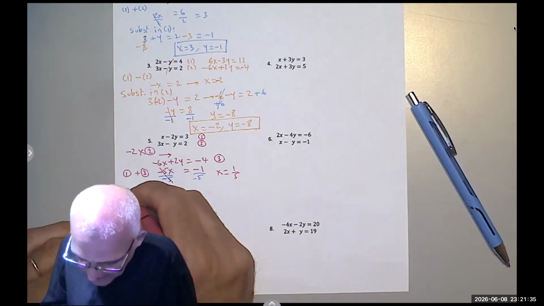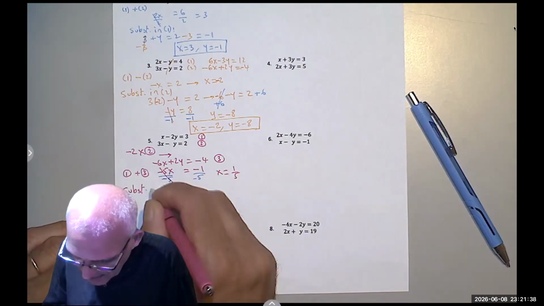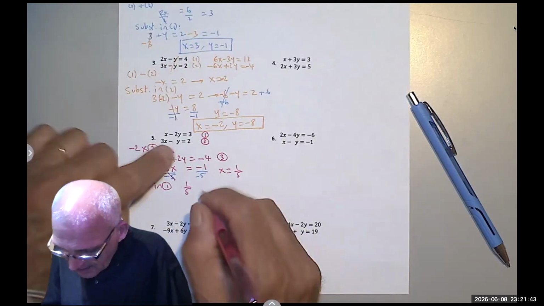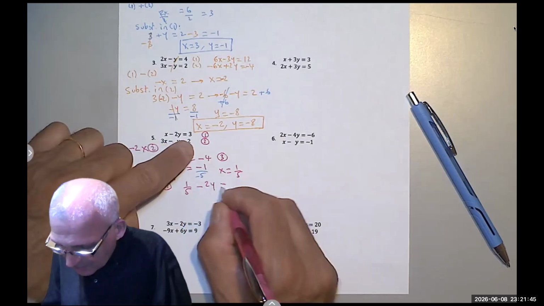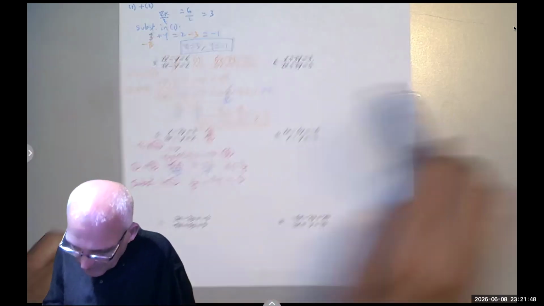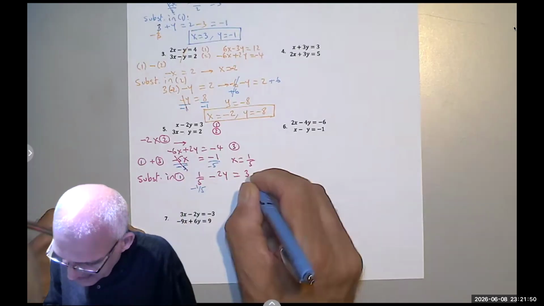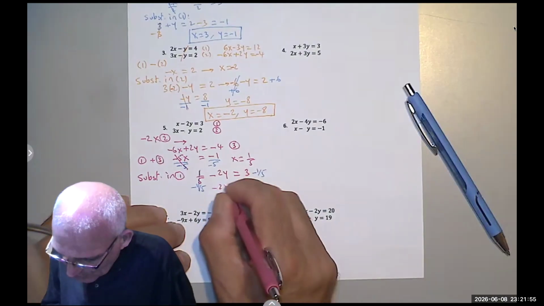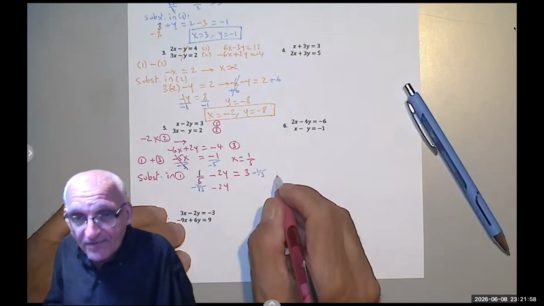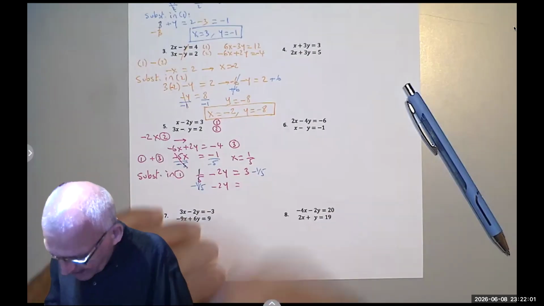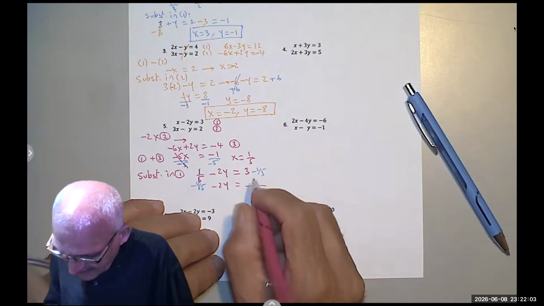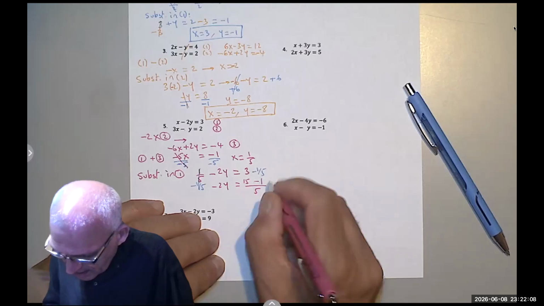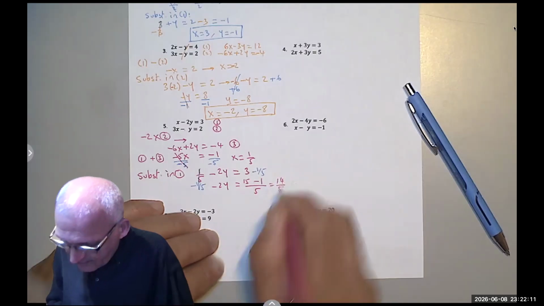So substituting, say in 1, I get x, which is 1/5, minus 2y equals 3. Subtracting 1/5 from both sides, I get -2y equals 3 minus 1/5. So I can take a common denominator of 5 and say 3 is 15 over 5 minus 1 equals 14 over 5.